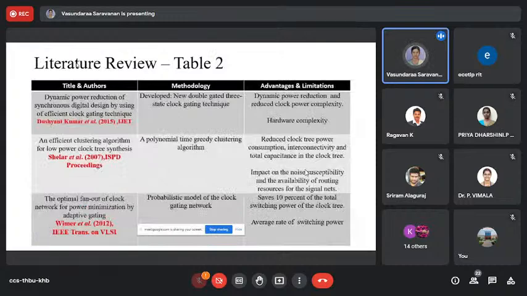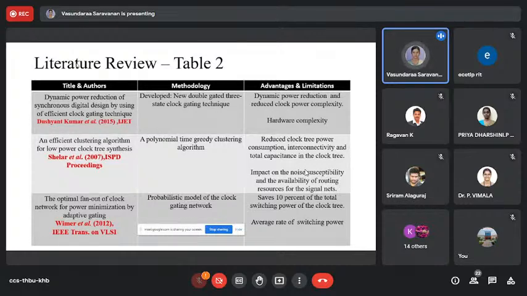Then the next one is dynamic power reduction of synchronous digital design by using an efficient clock gating technique. The method is a newly developed double gated 3-state clock gating technique. Advantages are dynamic power reduction and reduced clock power complexity. The limitation is hardware is very complex.